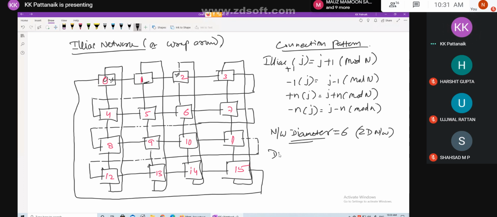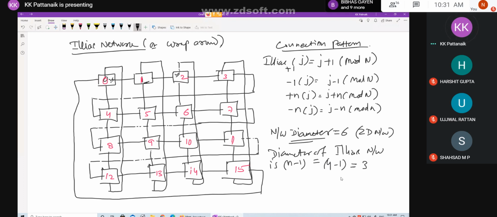So the diameter of the iliac network is n minus 1, that is equal to 4 minus 1, that is 3. Right? Is it right?